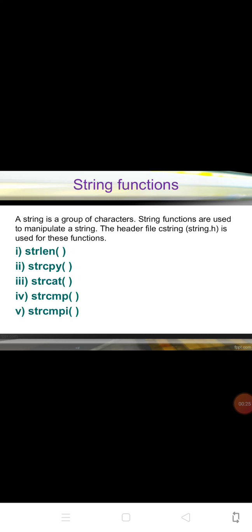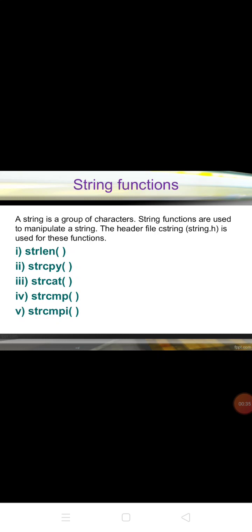In a previous class, I discussed functions, predefined functions. Predefined functions have many types. The next function is string functions. A string is a group of characters. Have you already discussed this in a previous class?